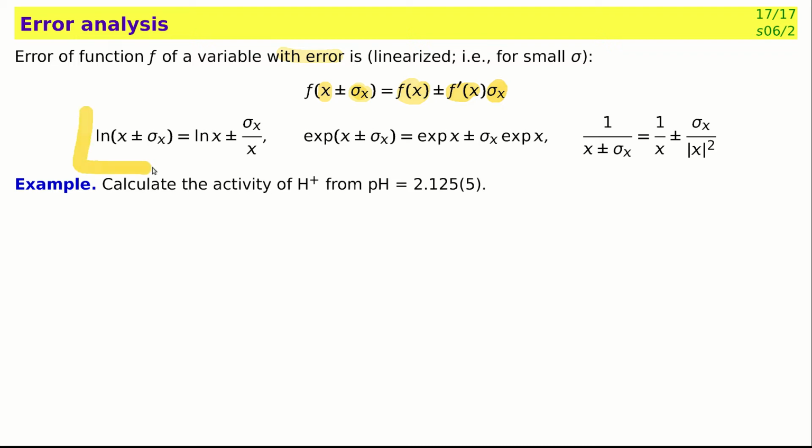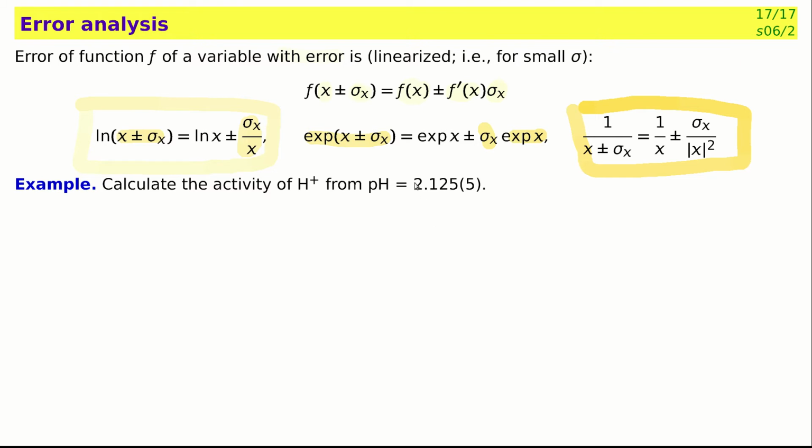Particularly for a logarithm, a natural logarithm, the error is in fact the relative error of the original value. For the exponential function, we have it like this. Here is the formula for the reciprocal value, and one example.